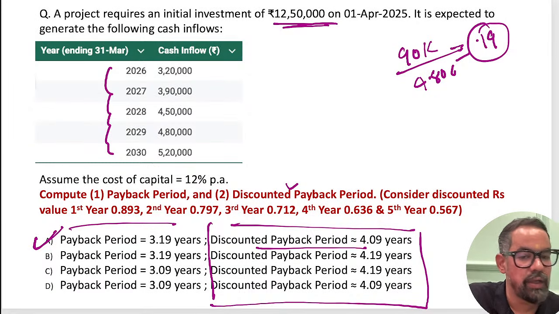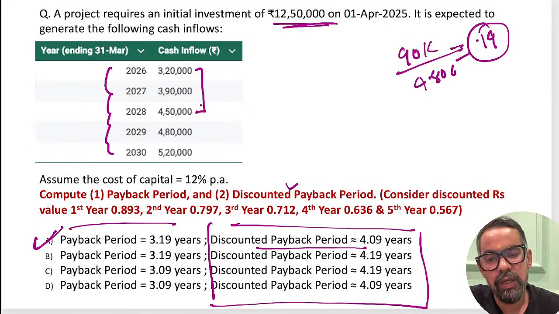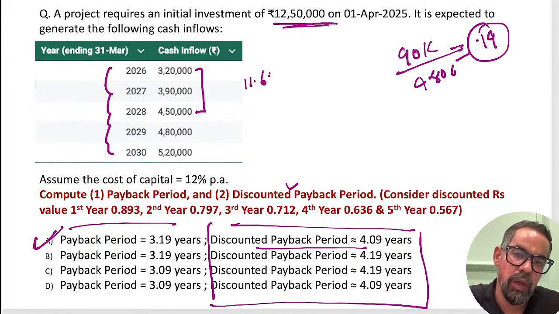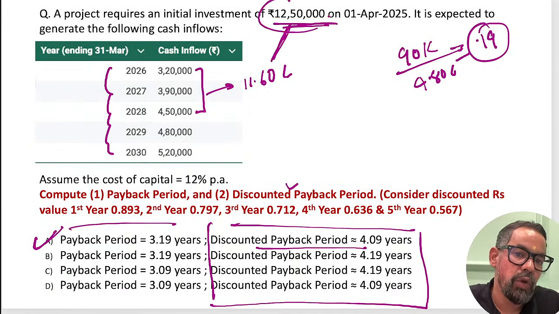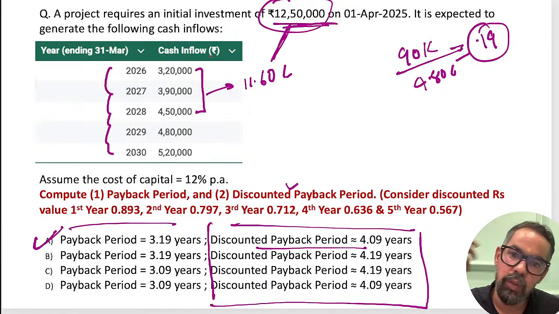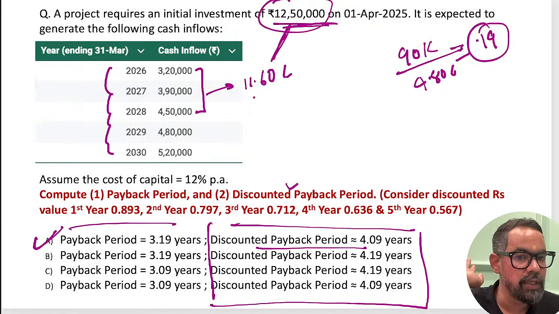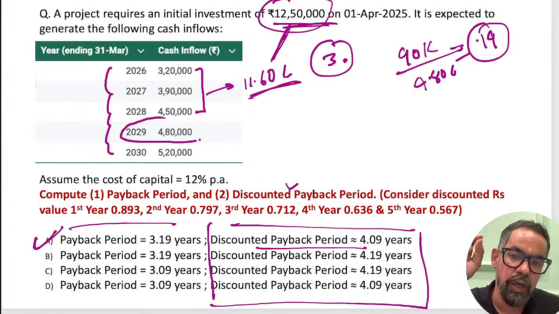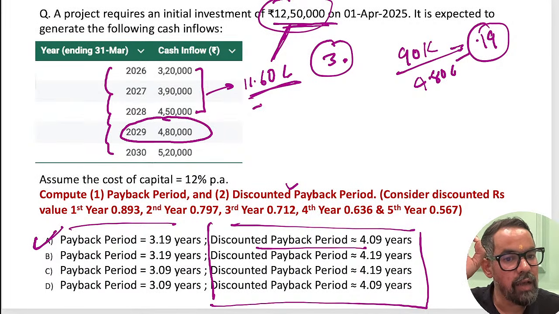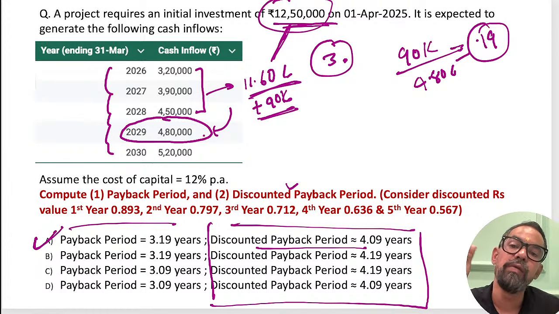Why do we consider 3 years? Because it is taking 3 years. The total of 3 years was how much? 11.60, okay, 11.60 lakh, the total of these three. Your initially invested money is 12.50 lakh, meaning the 3 years are completely gone in this case, right. So that's why we took it as 3 point. Now from the fourth year we have a gap of how much, we need 90,000, but the fourth year is showing 4,80,000.